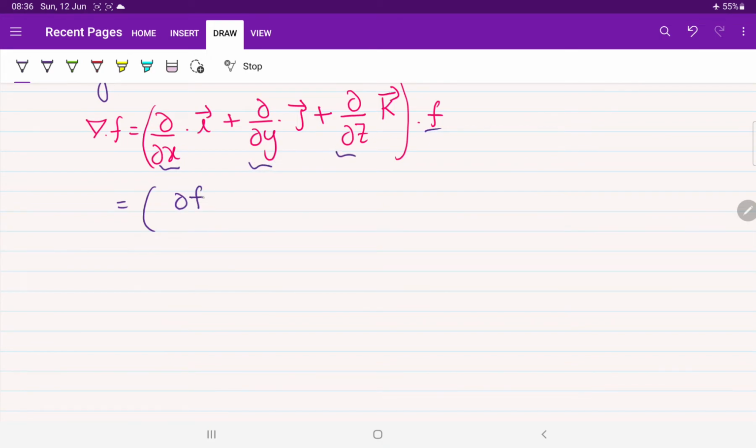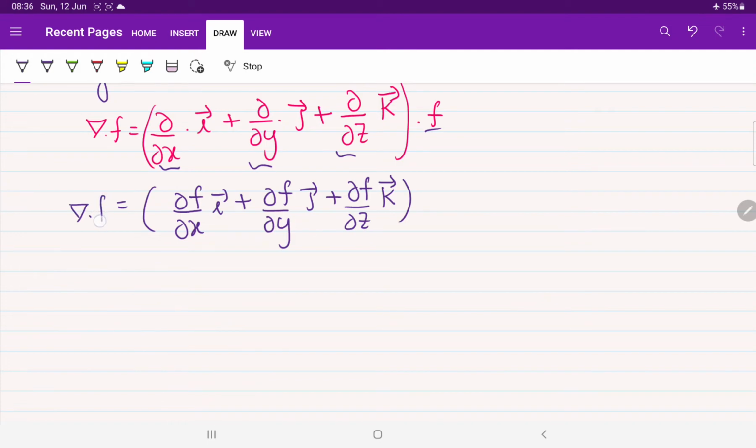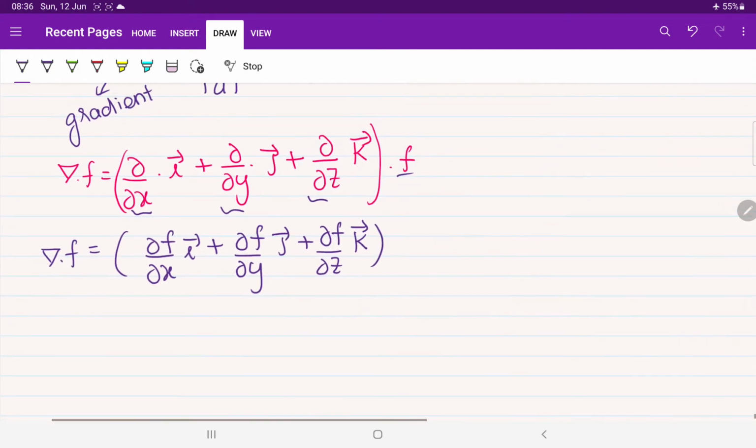So this can be further written as del f by del x into i vector plus del f by del y into j vector plus del f upon del z into k vector. That's all. This is how we represent the gradient of a function. Okay, sir. Now, the function is given.